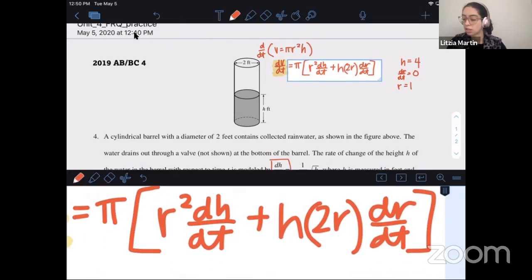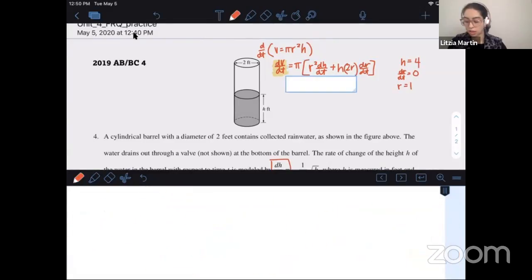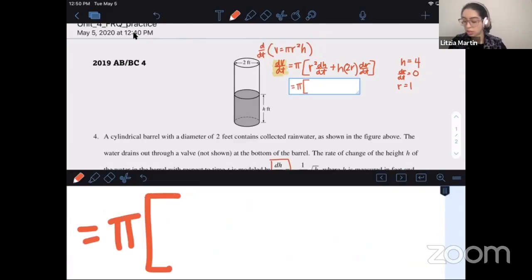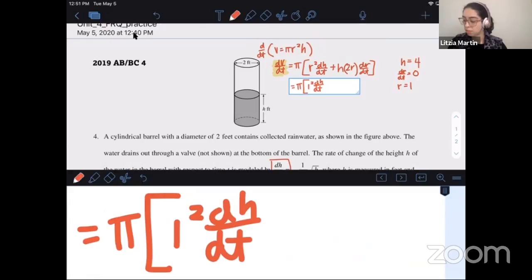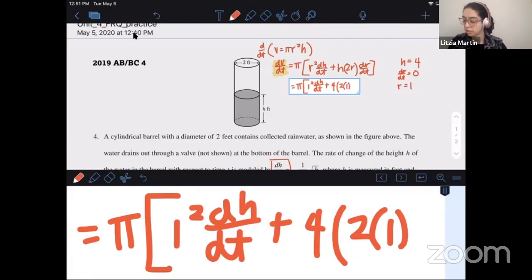And the nice thing here, we have pi, r is 1, oops, this should be dh over dt plus 4 times 2 times 1 times 0.